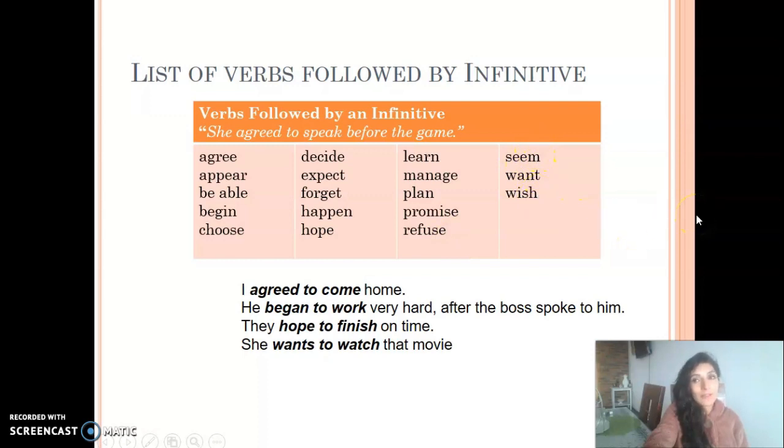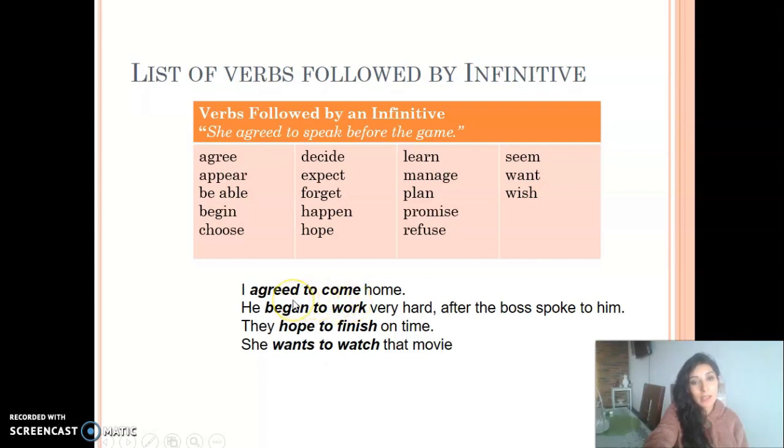So here I have some examples in order to understand better and illustrate what I'm talking about. The first one says, I agree to come home. As you can see here, agree is a verb that is followed by an infinitive. So it admits infinitives.